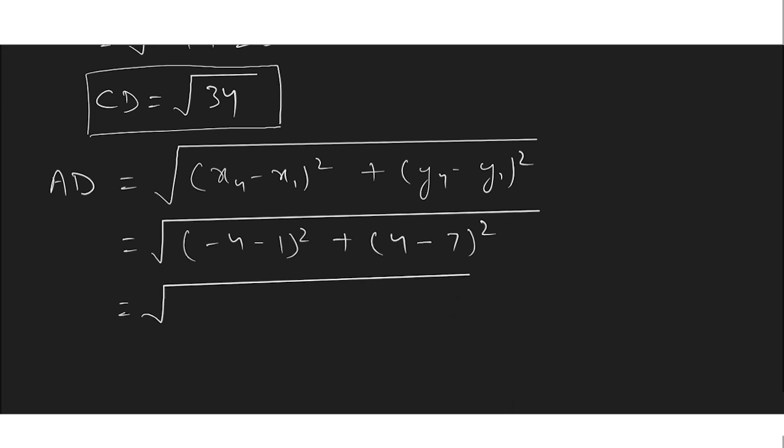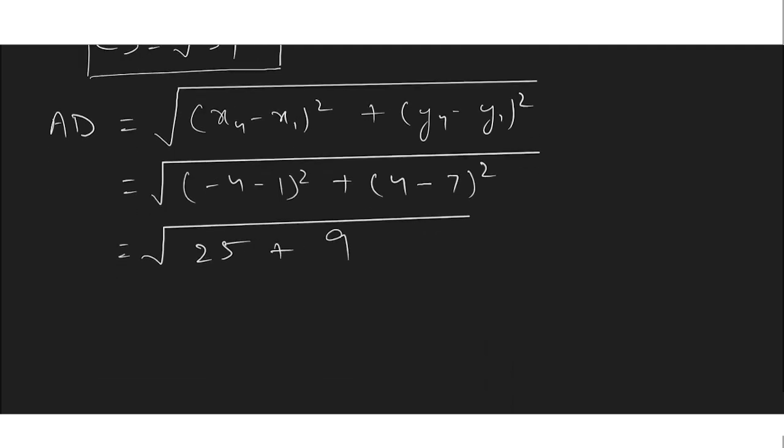This will be minus 4 minus 1, minus 5 square, which will be 25, plus 4 minus 7, which will be minus 3, square will be equal to 9. Therefore, AD is equal to square root of 34.